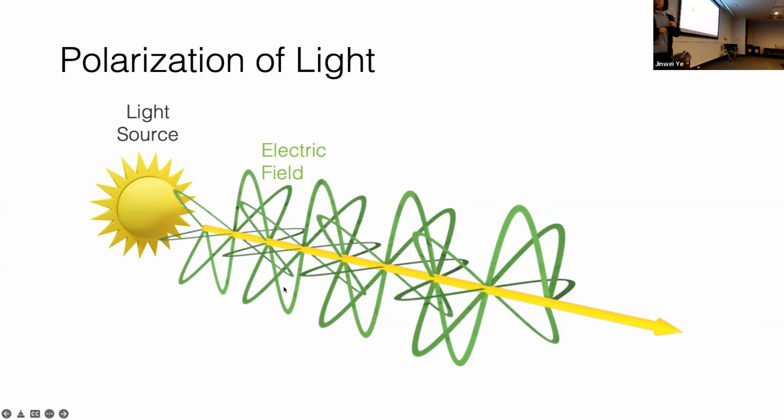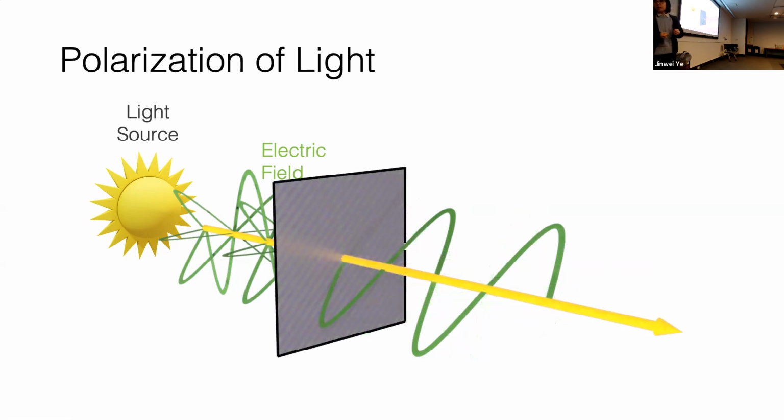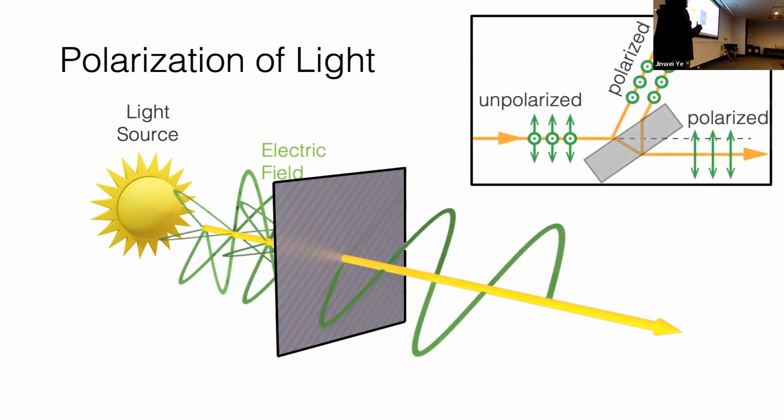Light can become polarized by passing through a polarizer, which only allows the vibration direction along its coating or grating to pass through, or through interacting with a surface, either through reflection or refraction. That is to say, the light that we see in the environment is highly polarized, because in most cases the light has been reflected, and the reflected light has a different polarization state.